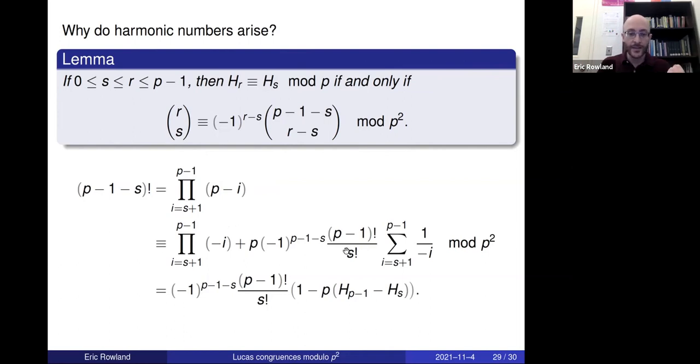So you end up pulling out an S factorial in the denominator, and everything else looks like a harmonic number. So this is where harmonic numbers arise. This is a common trick. This trick is not due to me. Everyone who's studied binomial coefficients mod primes and powers of primes does this to get information.